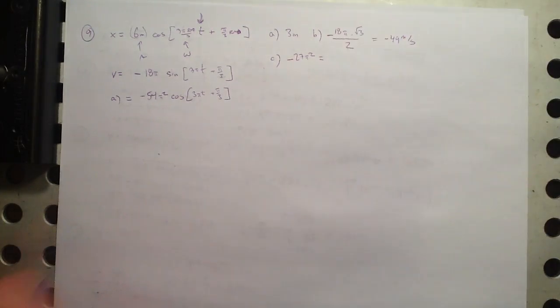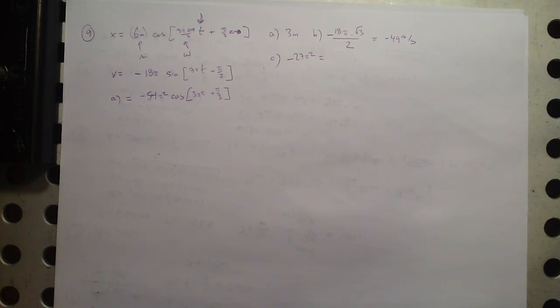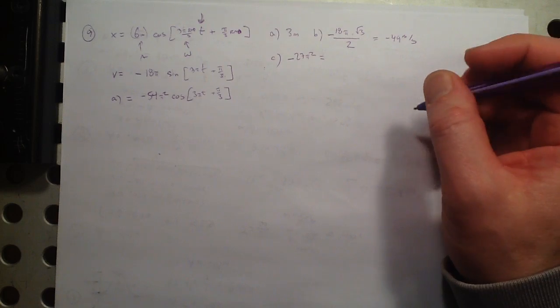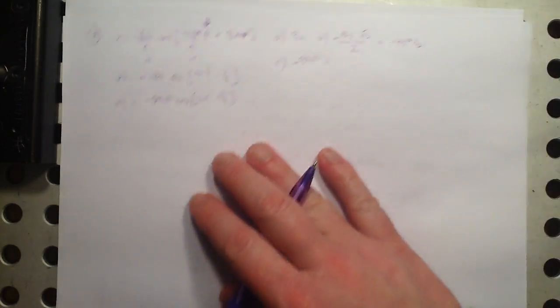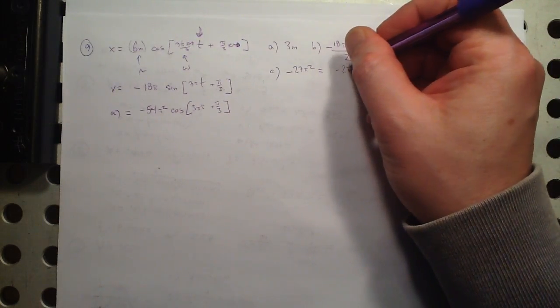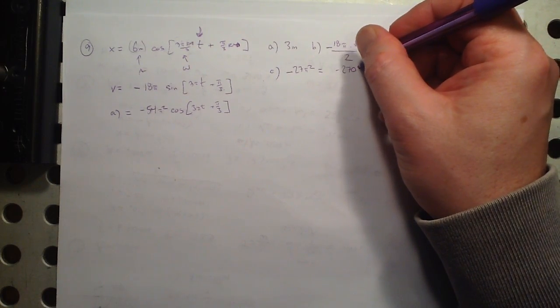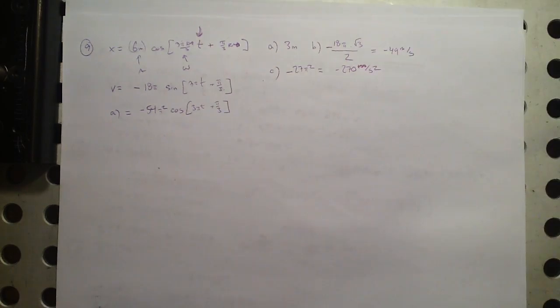Let me put that in my calculator to make sure I'm agreeing with the book. That's negative 270-ish, and that's the acceleration, sorry, so that's meters per second squared. Cool.